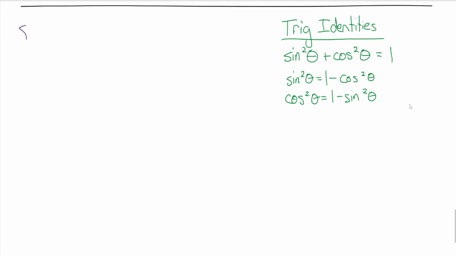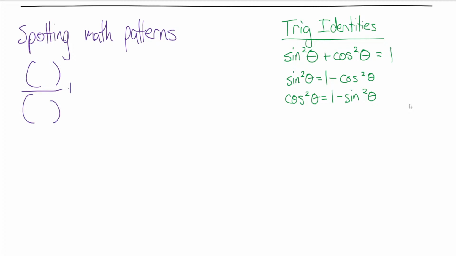The other thing is it's just about spotting normal math patterns, okay? Normal math patterns that have nothing to do with the trig. So normal math patterns like this. What is the thing that you should do to prove this statement? These are fractions. So what should you do with the left side to prove that it's equal to the right side?